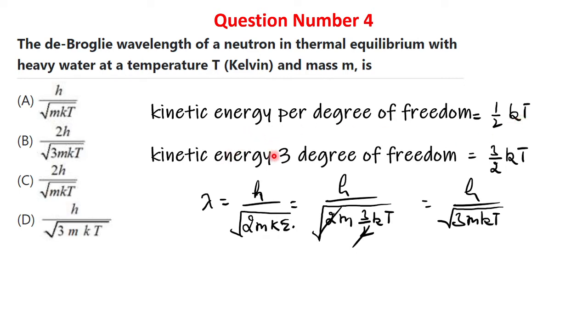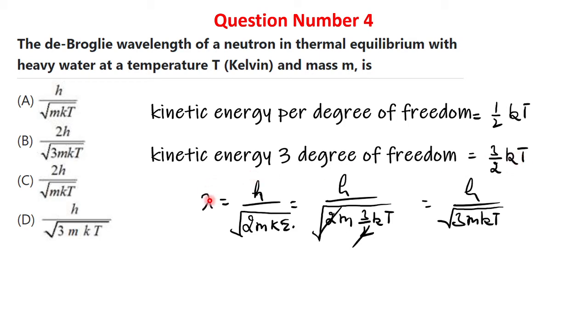The kinetic energy associated with 3 degrees of freedom, because the neutron can move in all directions, is 3 by 2 kT. The temperature of the neutron is the same as that of the water. Temperature same means the kinetic energy 3 by 2 kT is possessed by the neutron.